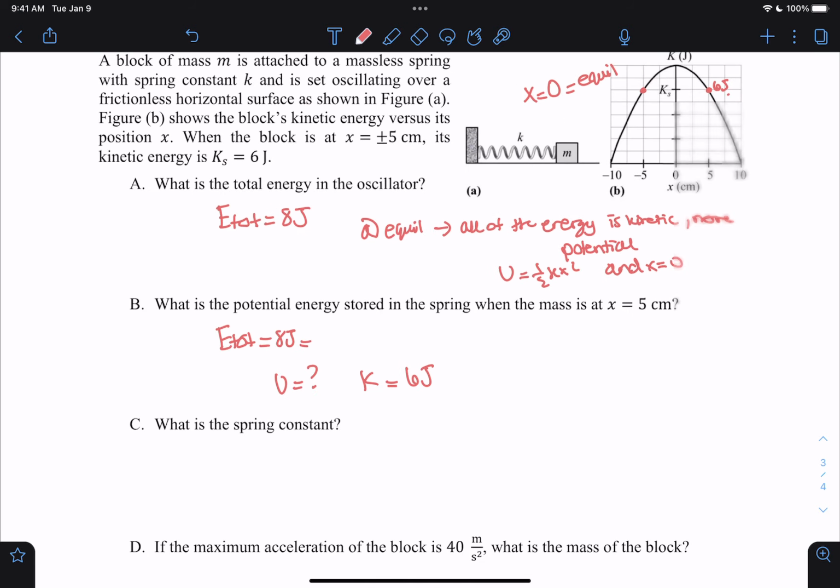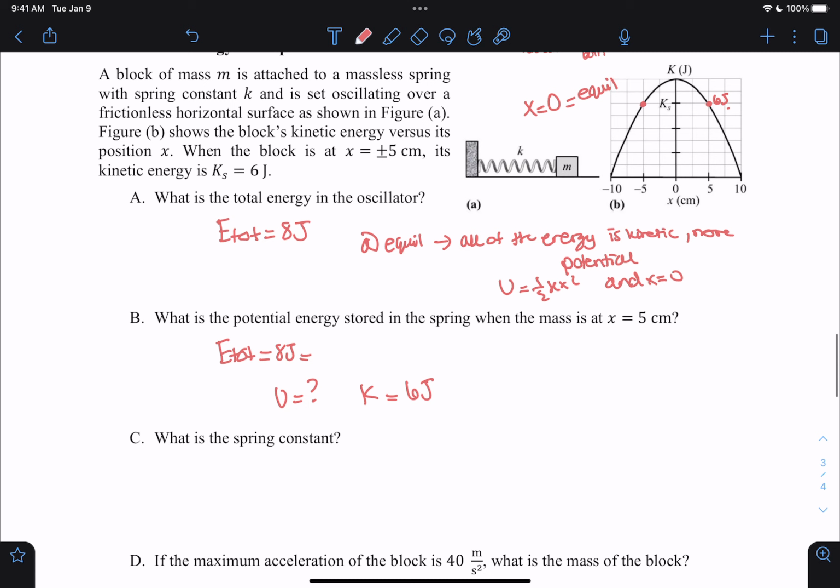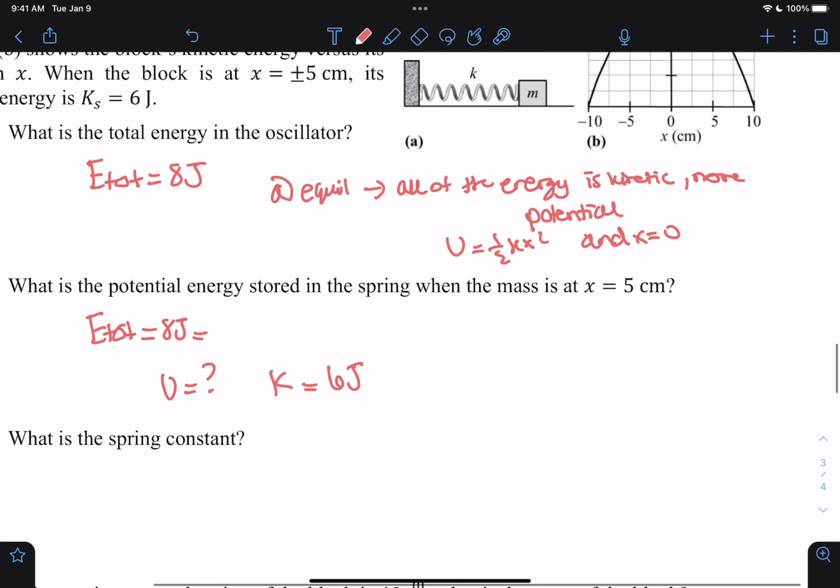So your total energy is 8 joules, and your total energy is equal to K plus U. If K is 6 joules, 6 joules plus U, then U is equal to 2 joules.